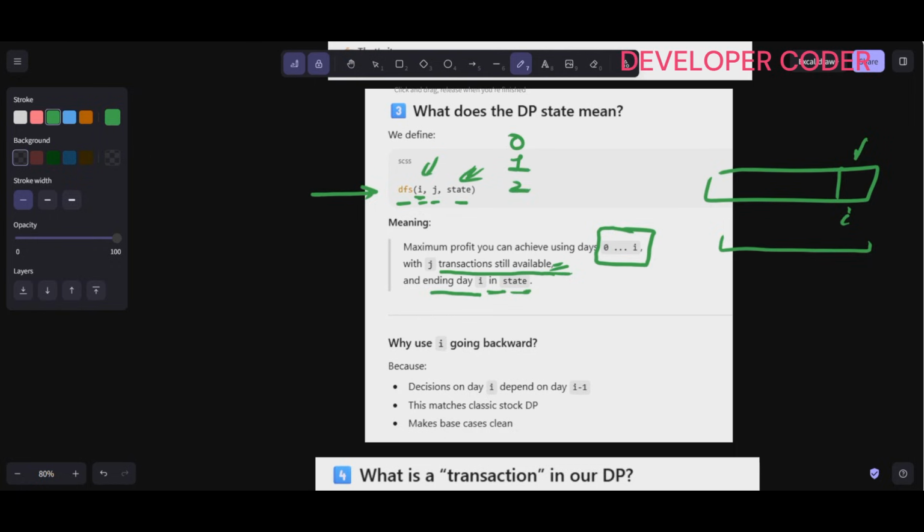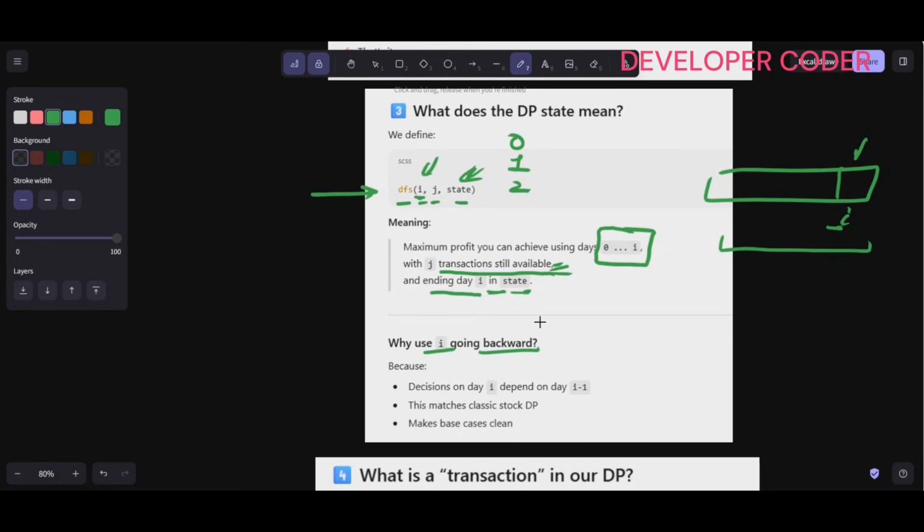These three things are changing in our code every time. This I is changing and j is changing. So why use I going backward?